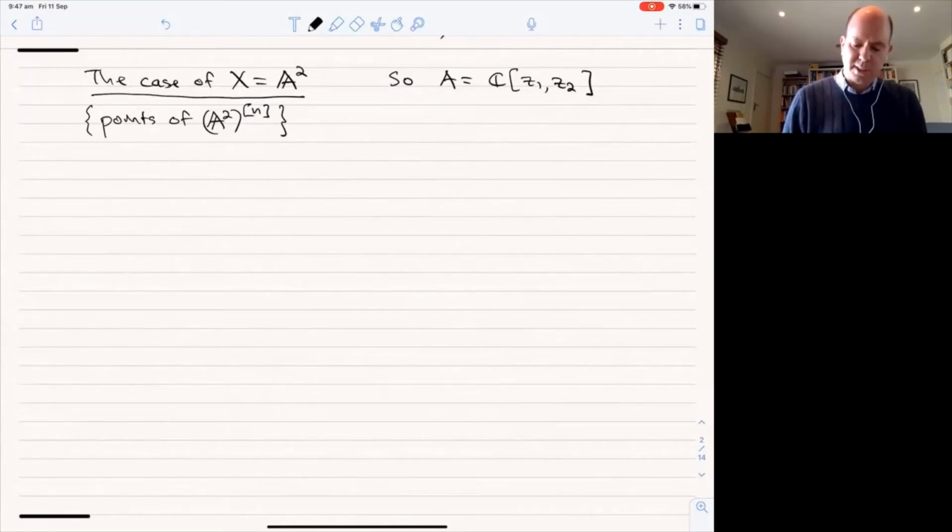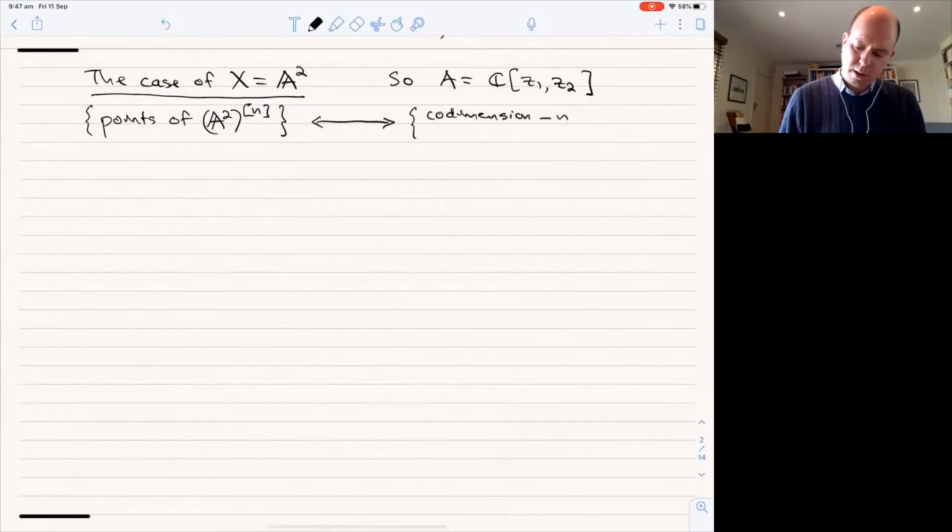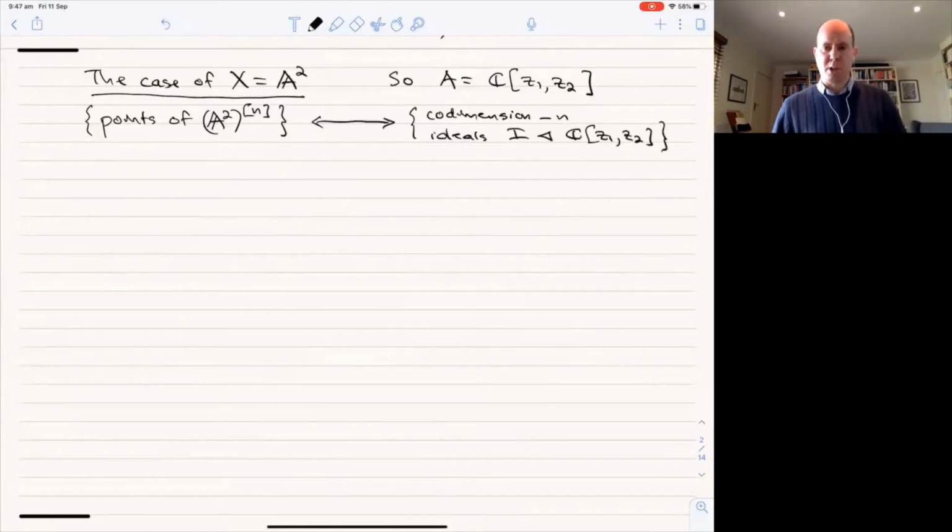This set of points is by definition the set of length n closed subschemes of A2, and translating into the terms of the coordinate algebra means codimension-n ideals of this polynomial ring in two variables.